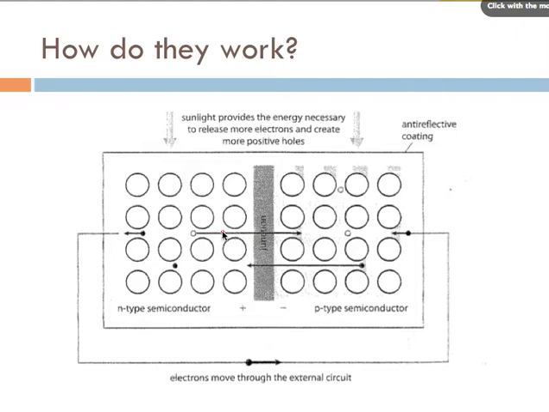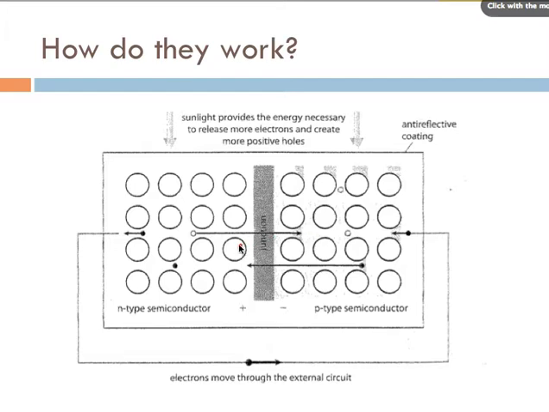As the electrons flow to go through this external circuit, spontaneously, electrons are supplied here to fill in the holes, and we get a continual movement through here. What provides some of this flow and creates more positive holes is the sunlight releasing more electrons so that it can continue that flow.